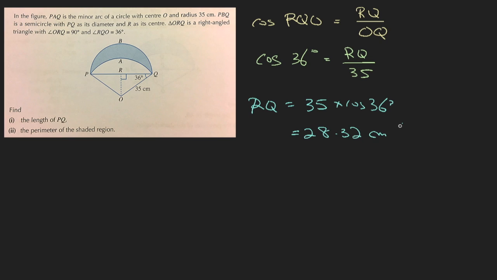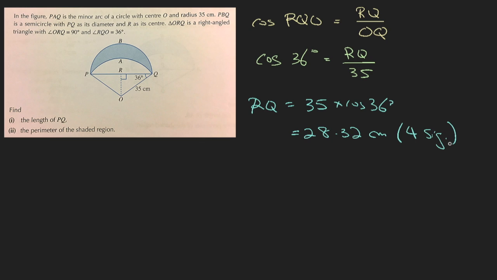Cosine 36 degrees is equal to RQ over 35. RQ is just 35 times cosine of 36 degrees, and this will give you 28.32 cm for 4 significant figures.